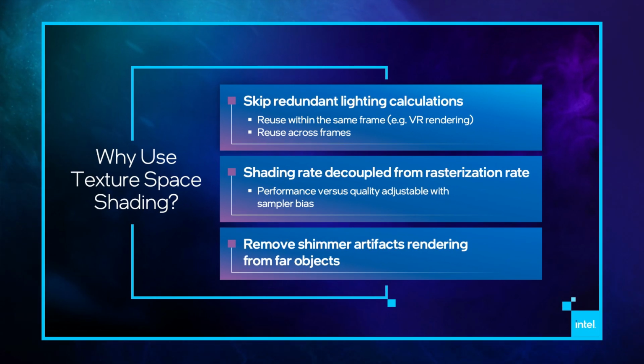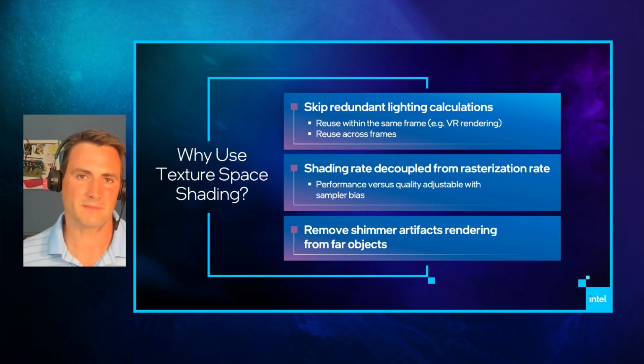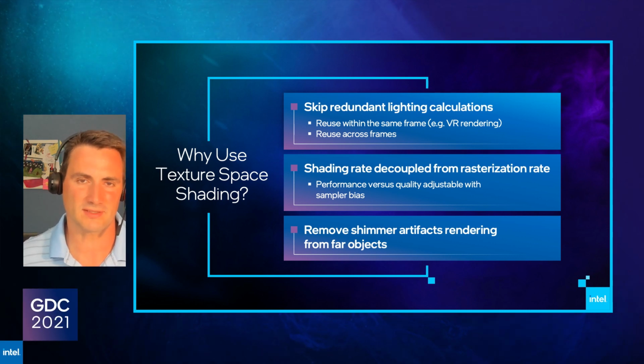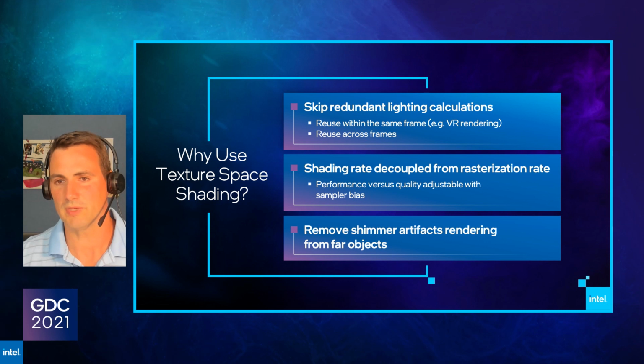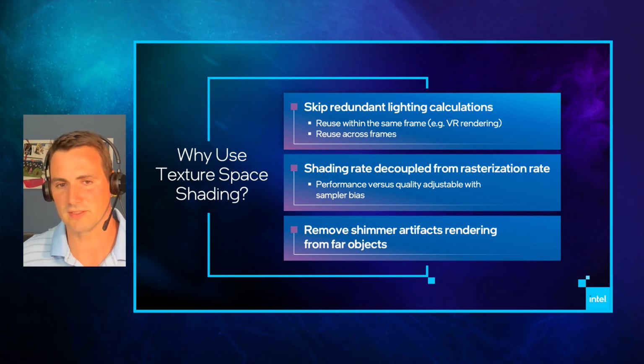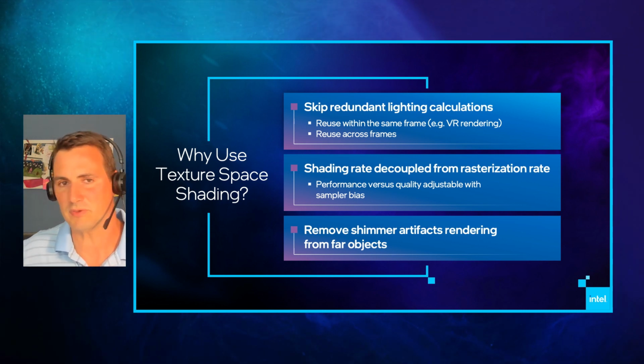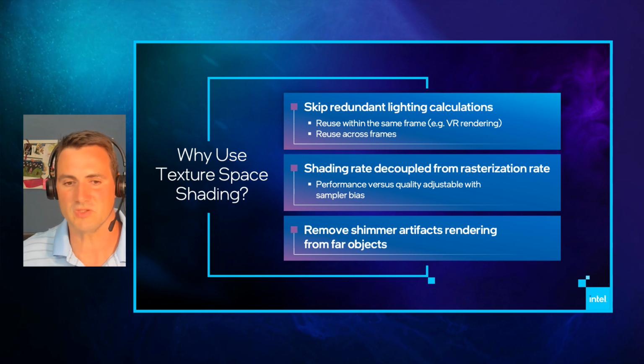Another performance method for texture space shading is the decoupled rasterization from shading rate. By decoupling the shading rate, we can actually increase performance at the cost of visual quality. This can be done by increasing or decreasing the sampler bias. For example, if we need to increase performance, we can increase our sampler bias such that we sample from a higher level MIP in the MIP chain.